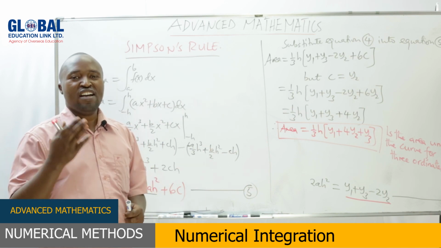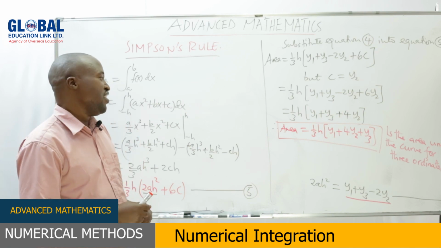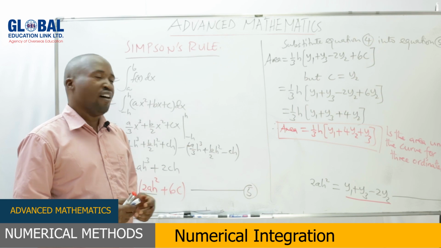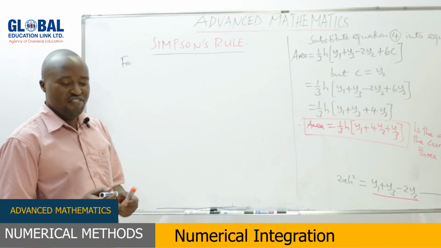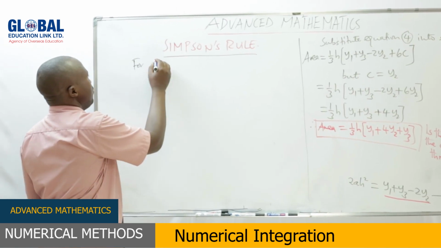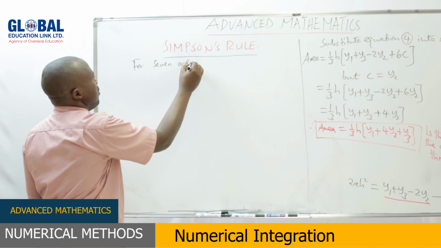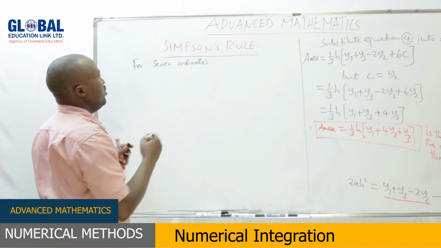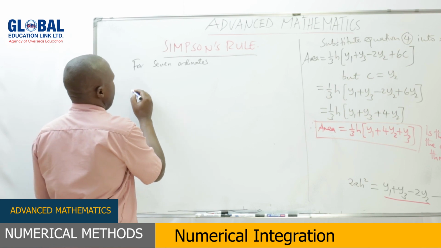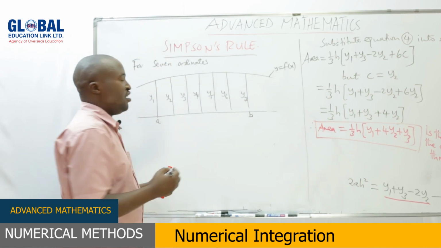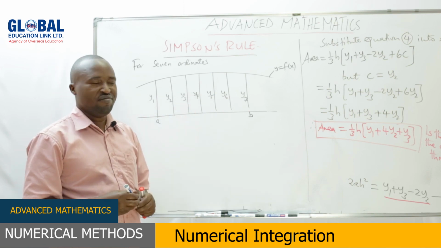Let's say you have 7 ordinates. What will be the formula of estimating the area under the curve for 7 ordinates? That will be as follows.